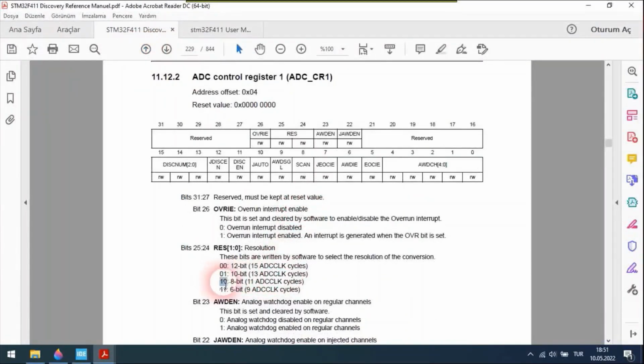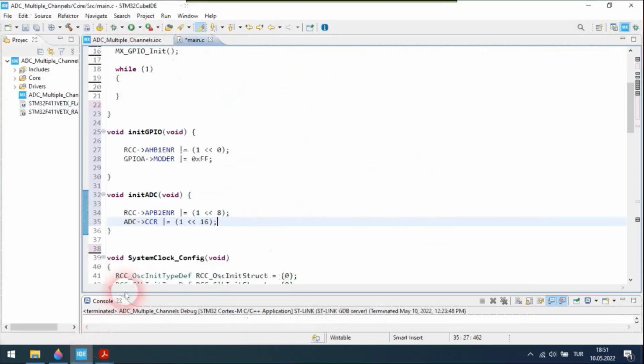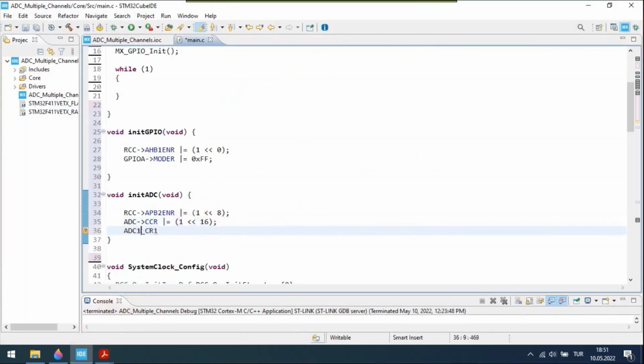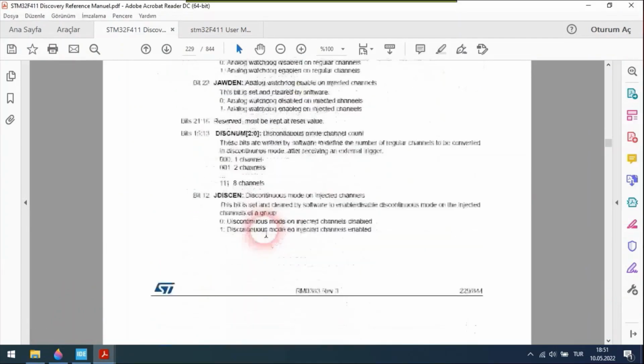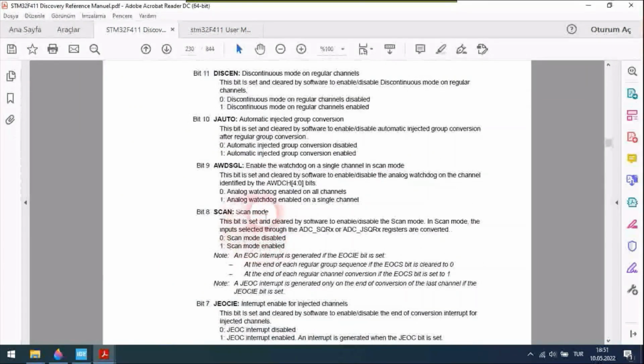Resolution is 8 bits. That means, ADC values range between 0 and 255. Scan mode. Channels which I specified will be scanned.